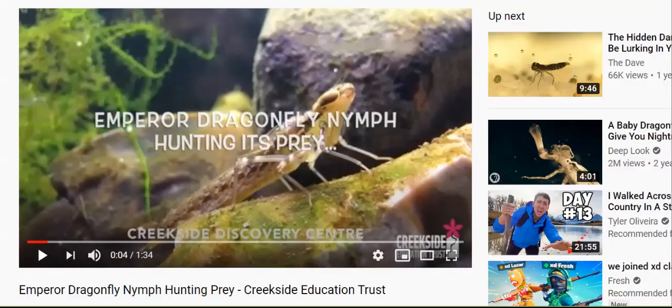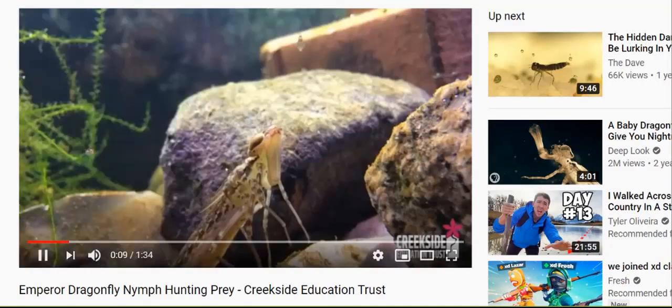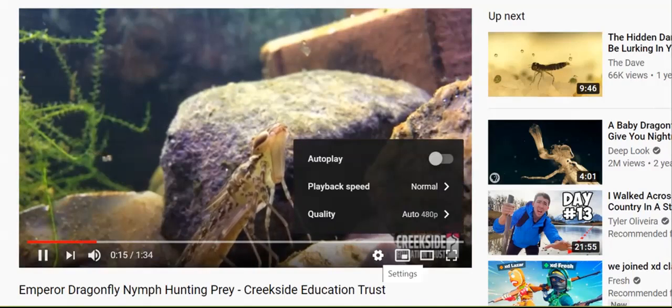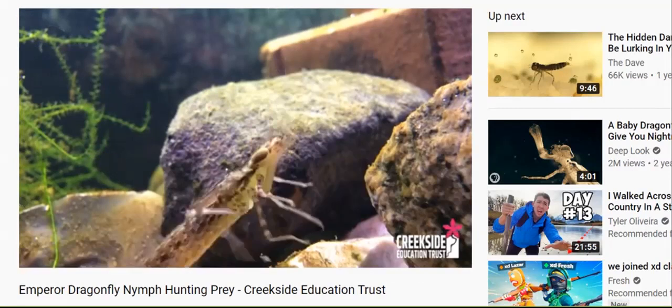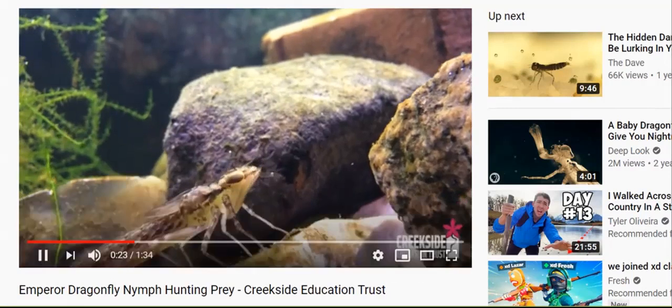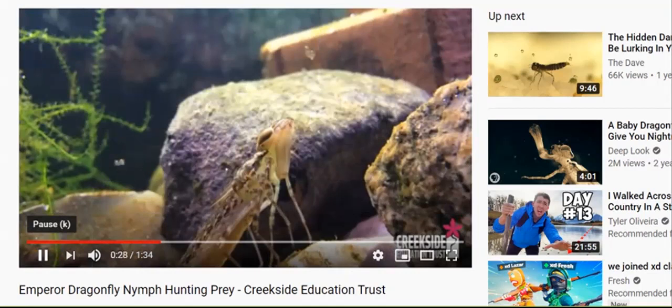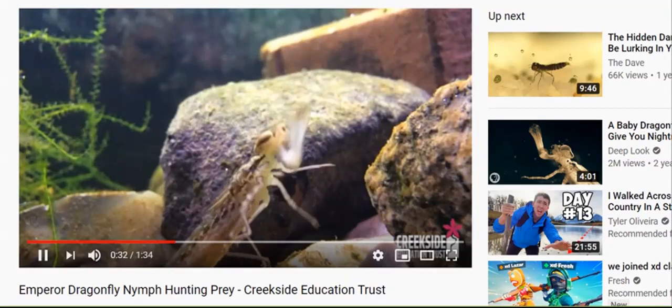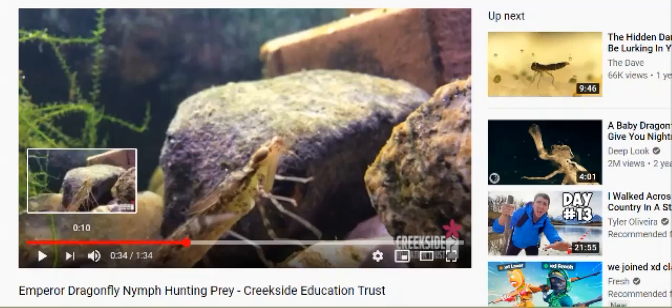I hope this works. Here you can see in slow motion how they eject the jaw and grab the prey. That's amazing.